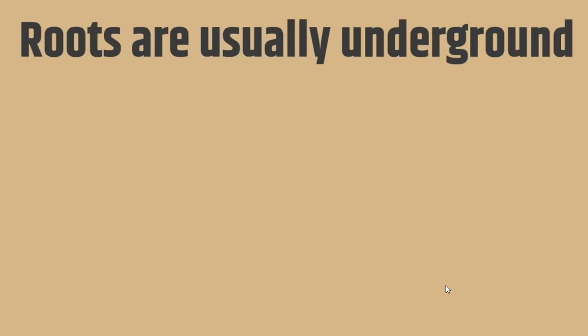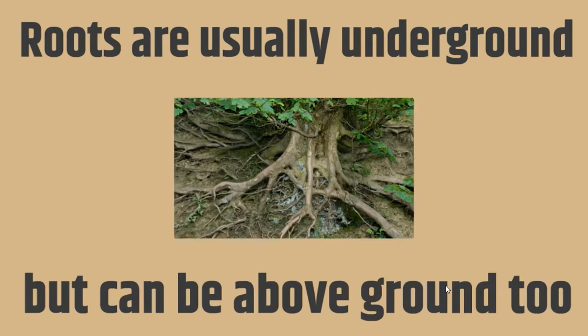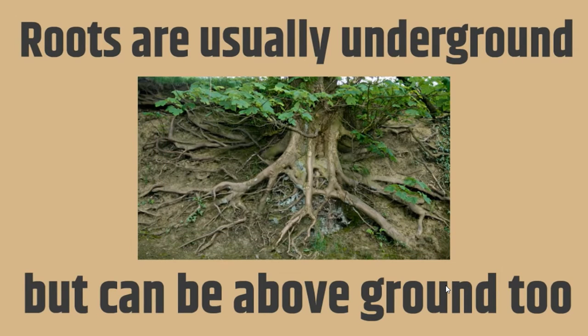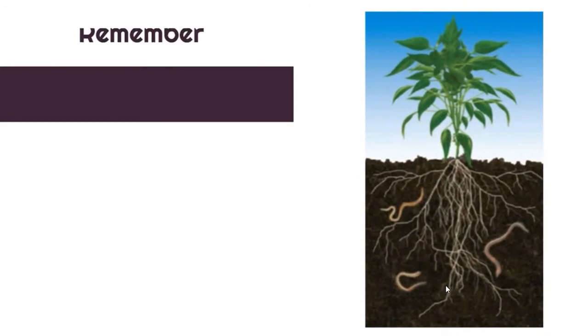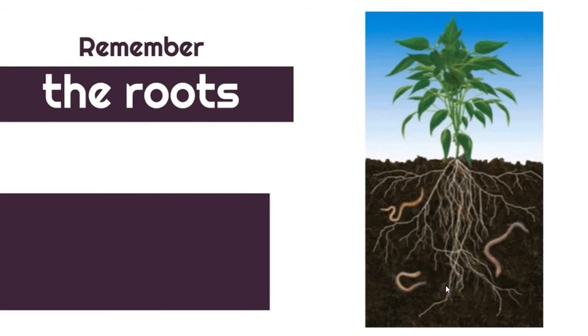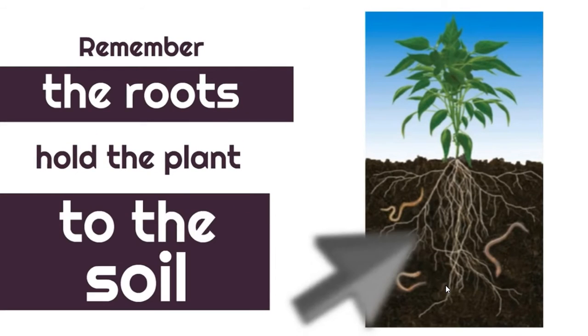Roots are usually underground, but can be above ground too. Have you ever seen a tree that looks like this, where the roots are above ground? Remember, the roots hold the plant to the soil.